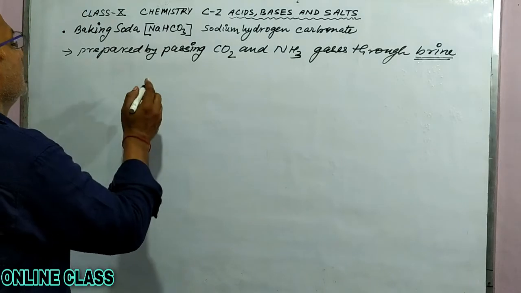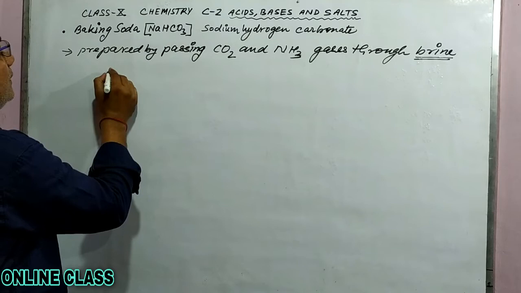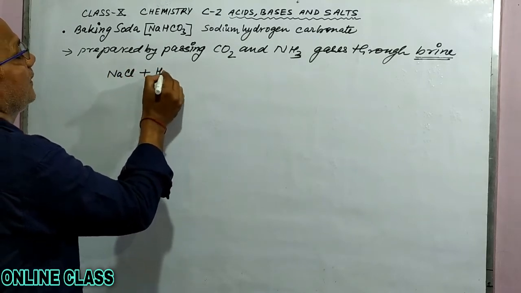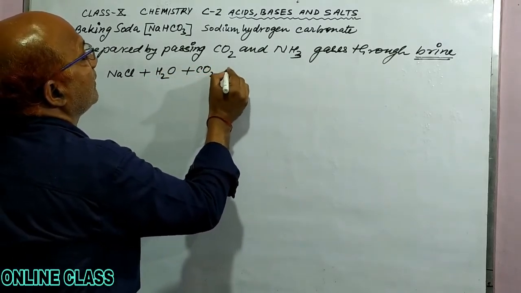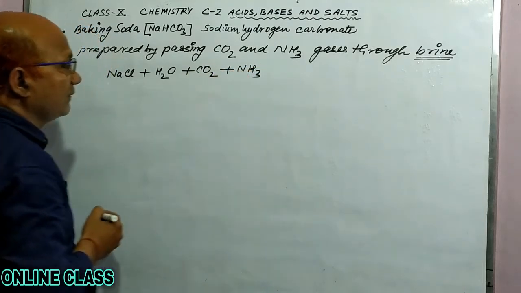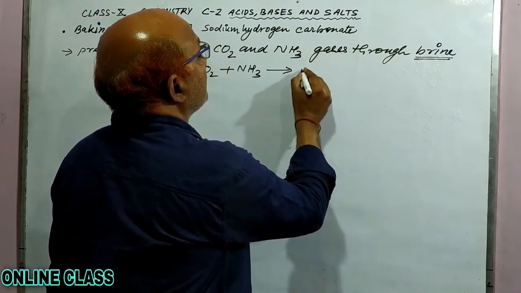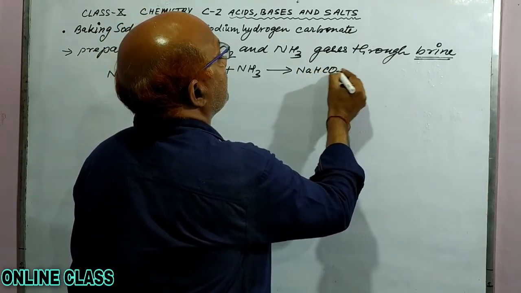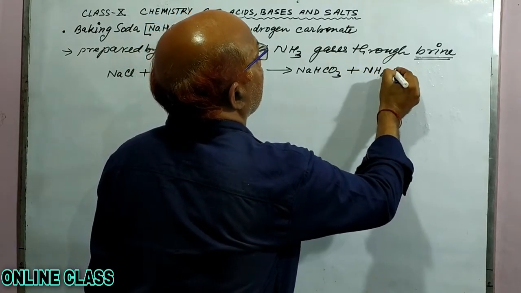Okay. So, the chemical reaction related to this, it is NaCl plus H2O plus CO2 plus ammonia. Okay. It forms sodium hydrogen carbonate and NH4Cl.